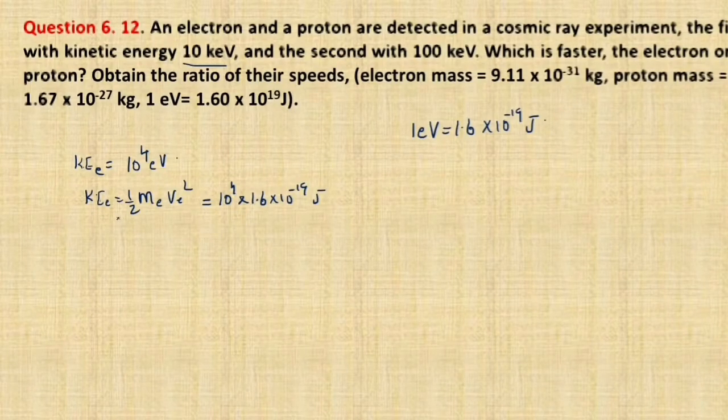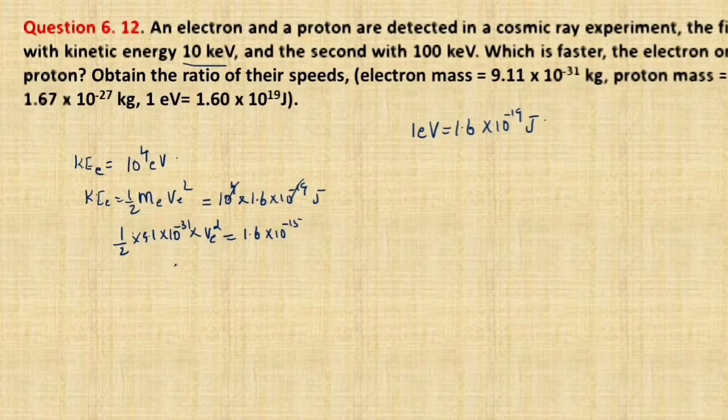So half into the mass of the electron, which is given as 9.11 into 10 to the power minus 31, into ve square, is equal to 10 to the power 4, that is equal to 1.6 into 10 to the power minus 15.